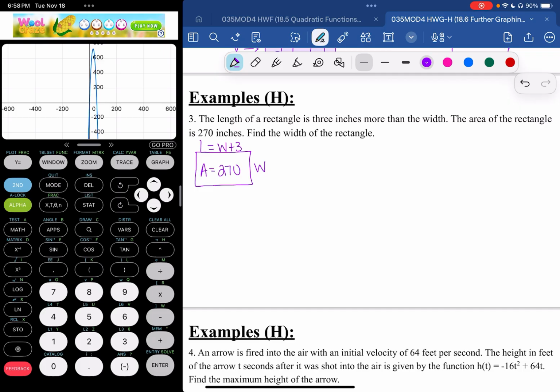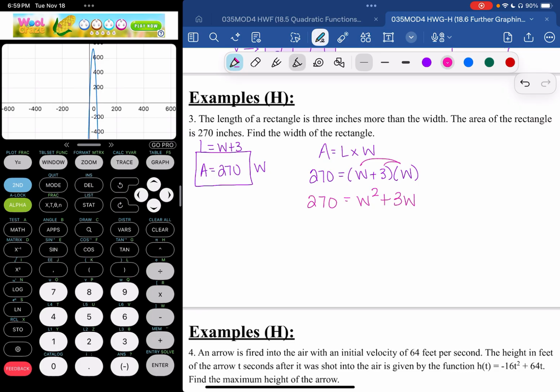So if I use my area formula, I know area is length times width. So if 270 is equal to the length, which is W plus 3, times the width, which is W, I could clean this up, distribute that through, and get 270 is equal to W squared plus 3W.